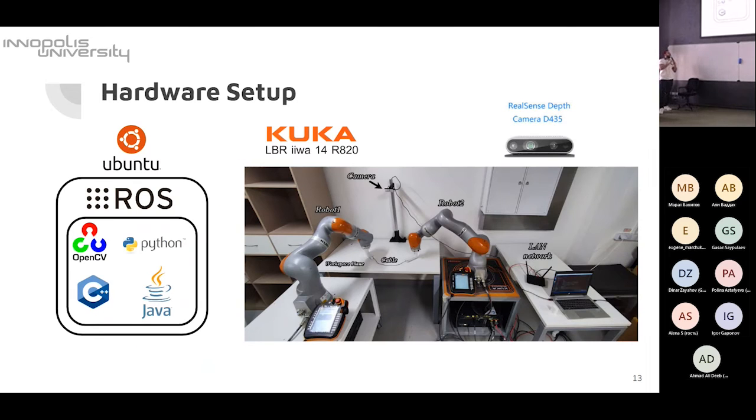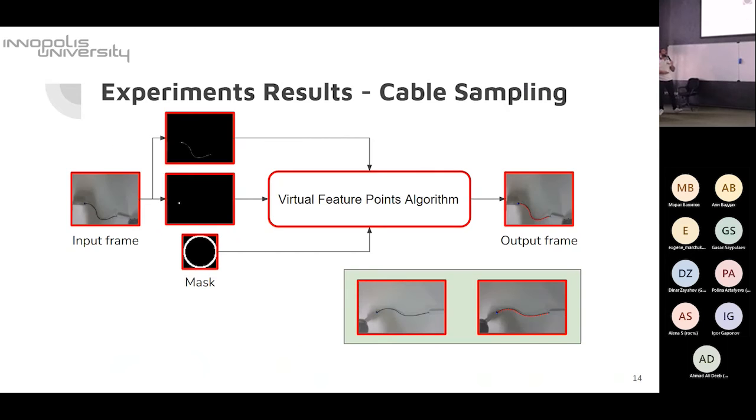For the hardware setup, we used two Poker robots and an RGB camera. The pipeline of the methods is written in C++, and the computer vision in Python, under the ROS framework. These are the results of the virtual feature point algorithm.